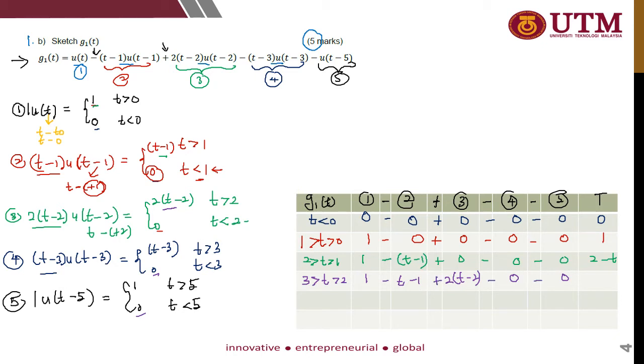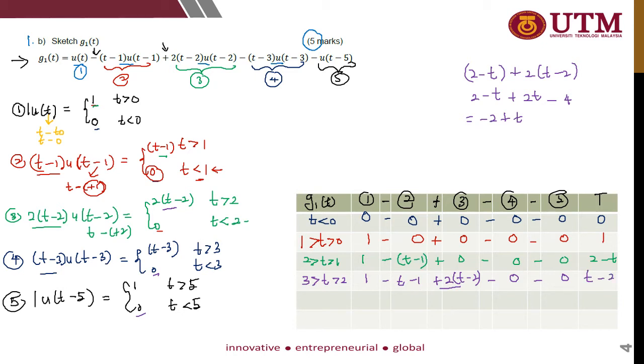So sum them up. It's basically 2 minus t, plus this component, 2t minus 2. So it's 2 minus t plus 2t minus 4. 2 minus 4 is minus 2. Negative t plus 2t is plus t. So it's t minus 2.